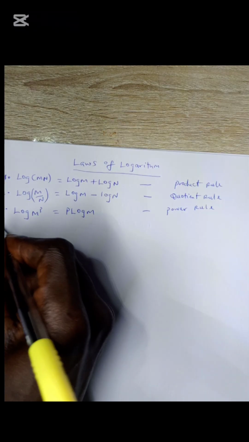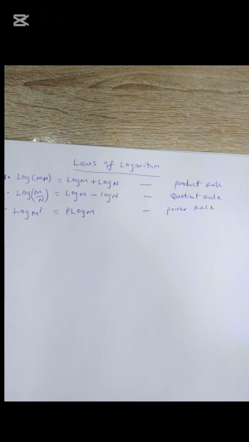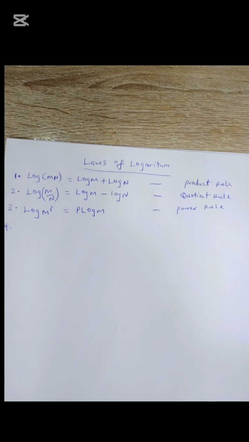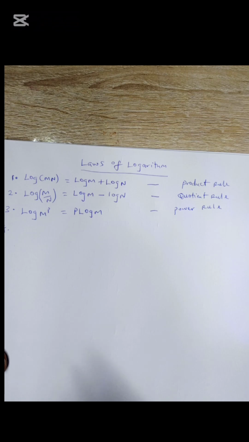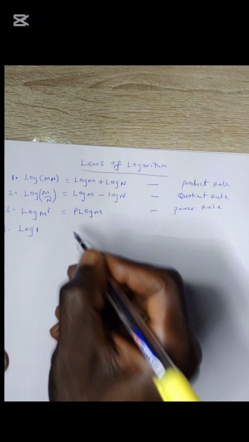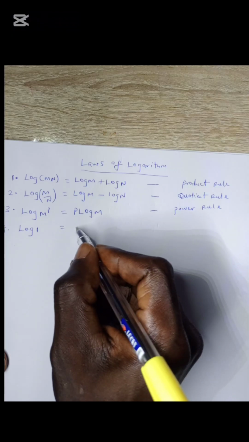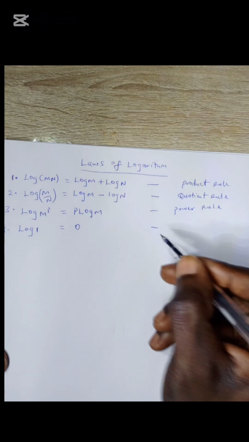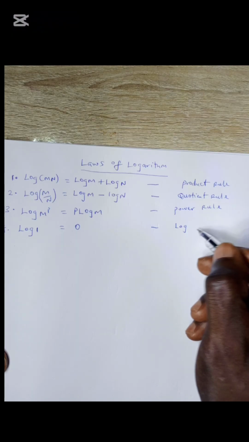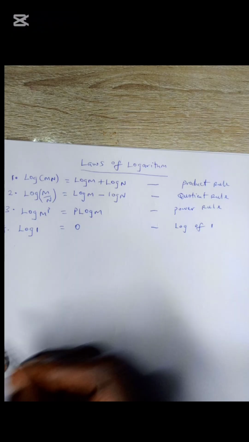So we go to number 4. As a student you need to master all these rules, because we are going to be using them to calculate. Anytime we have log 1, it equals 0.